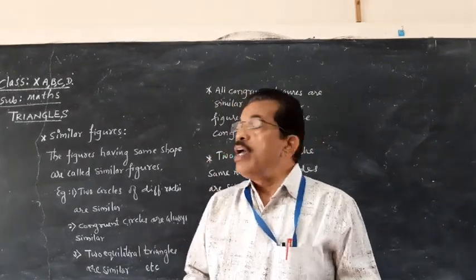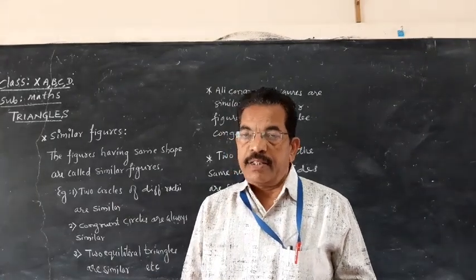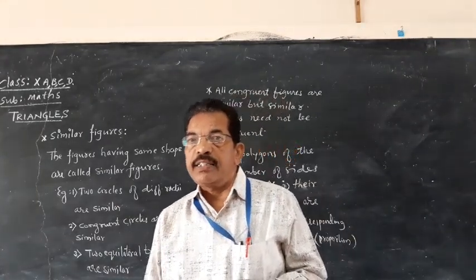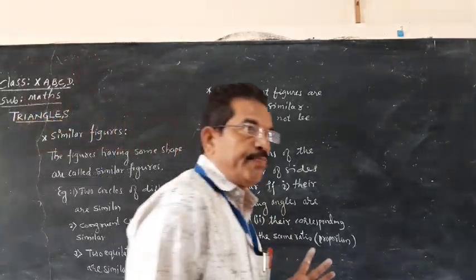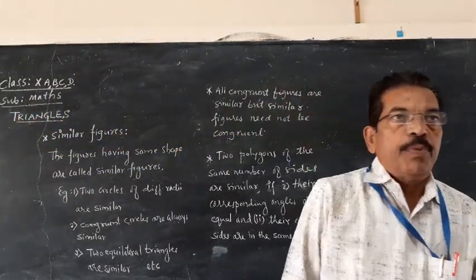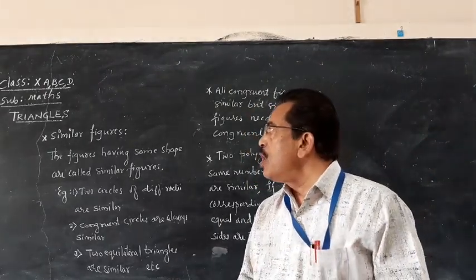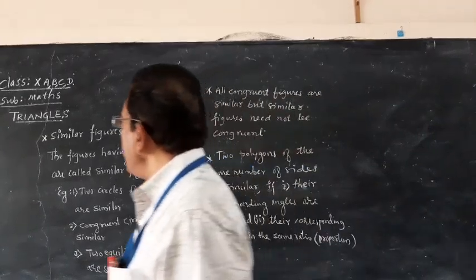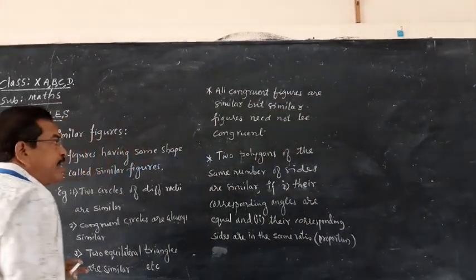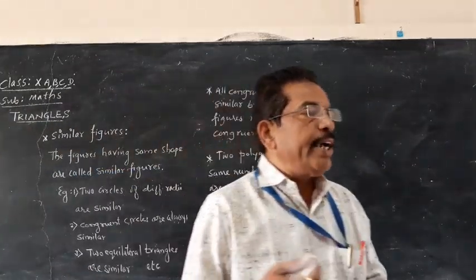Now, today I will start the chapter, triangles. You know the triangles chapter comes under the geometry section. Before studying triangles, we should know about similar figures and similarity of triangles, and how similarity is defined.